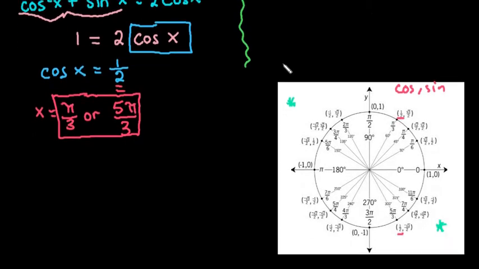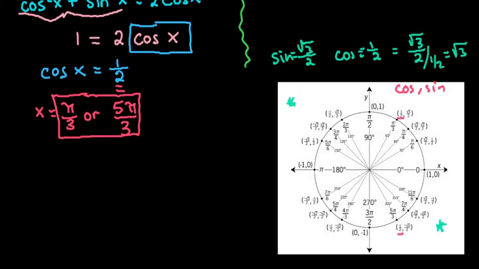So we are looking for where sine equals square root of 3 over 2 and cosine equals negative 1/2, or the signs could be reversed. So that's when that is going to work out, because if you remember that square root of 3 over 2 divided by 1/2 would simplify into the square root of 3. So that's where this is coming from.